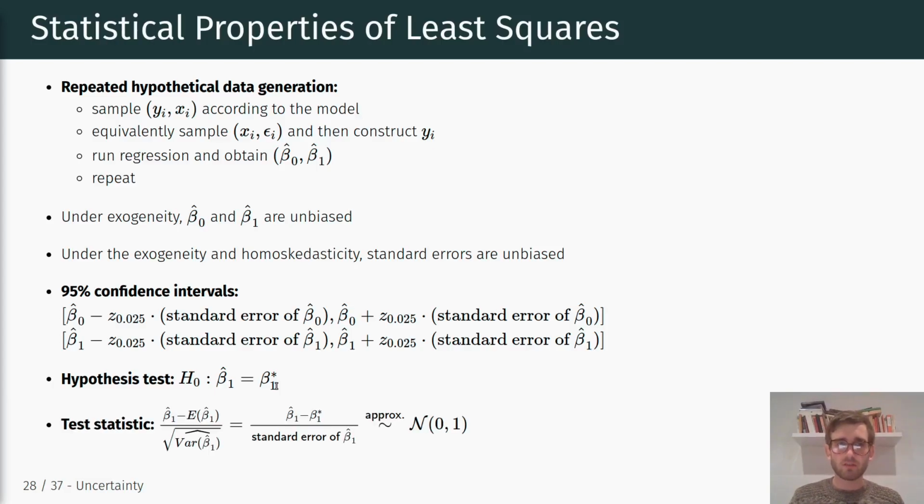We can, again invoking the central limit theorem, compute test statistics using exactly the same logic that we used before. Here, we look at the difference between our beta 1 hat minus our assumed beta 1 star, given our null hypothesis, divided by the standard error of beta 1 hat.